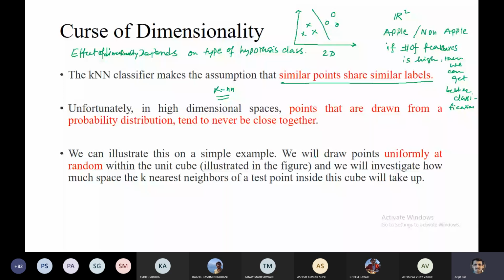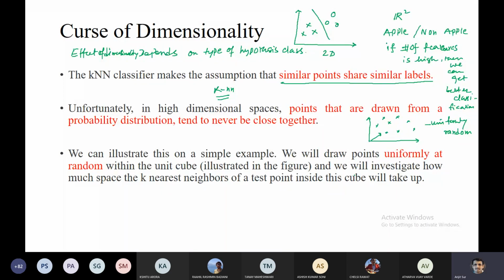We assume that we draw the points uniformly at random in a high dimensional space. This is our assumption.